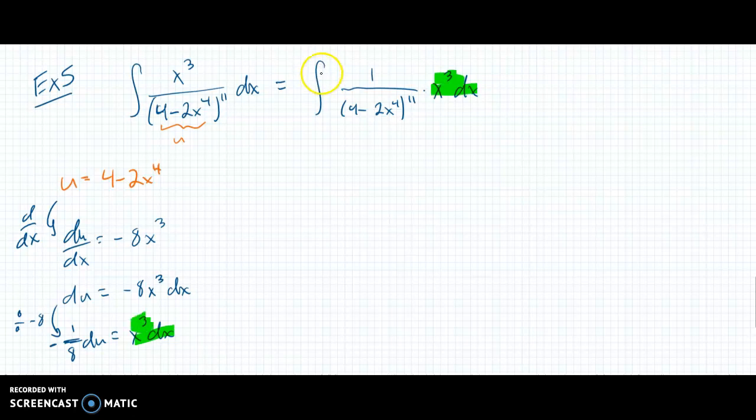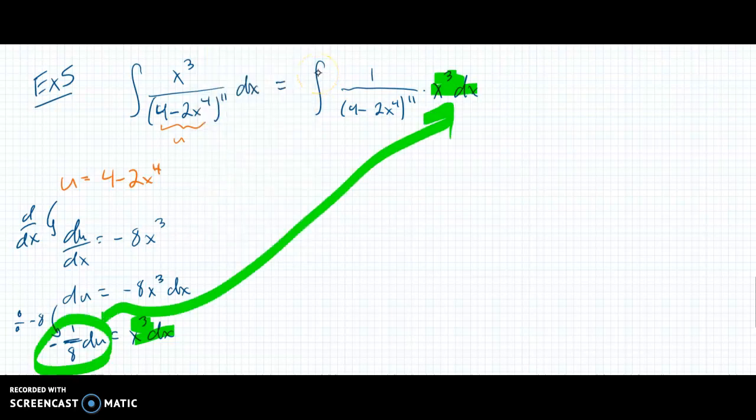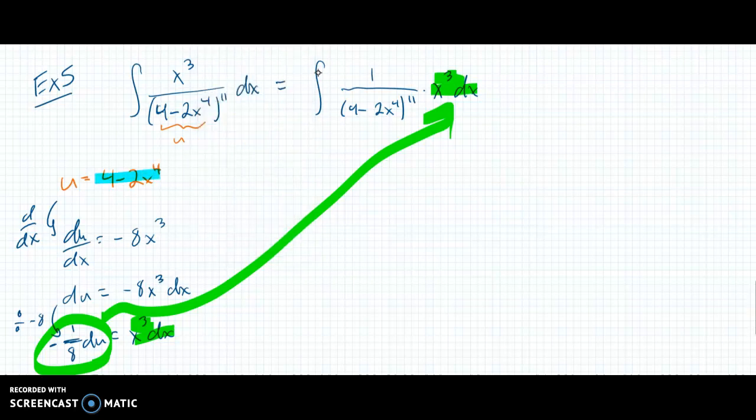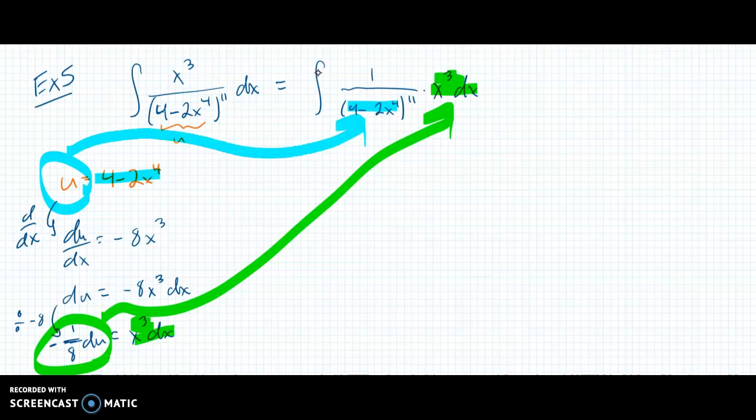So I'm going to replace all this stuff in right there. And I'm actually going to move the 1/8 over out of the way from the get-go. And then I've got this right here, is that right there. So this is going to replace that. And then that gives me that this is equal to, I'm going to move the negative 1/8 out the front of the integral because I can.